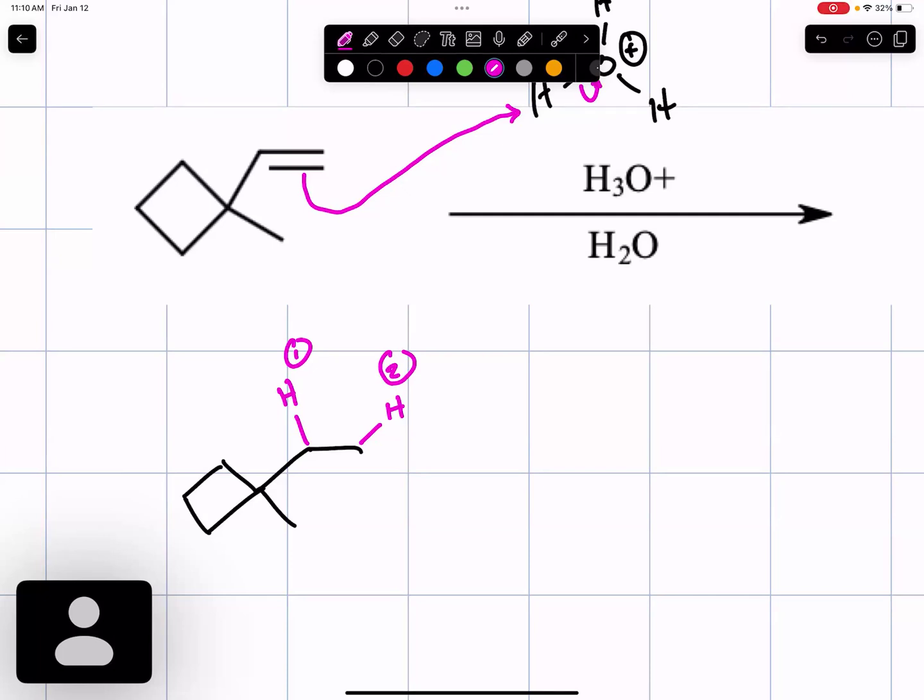Think about stability. What would be more stable? A primary carbocation or a secondary carbocation? Because I only have 1 hydrogen. So if I place it at 2, secondary. 1, yes, exactly. If I place it at 1, I would have a primary carbocation, and that's unstable. So if I place it at position number 2, I form a secondary carbocation, right?